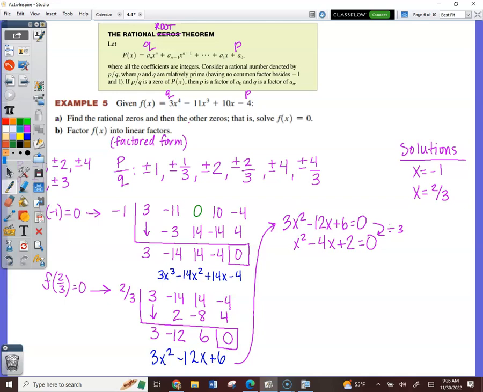Remember the technique I showed you with quadratic formula? Find the crap first, then just plug it in. Okay, so b squared minus 4ac.